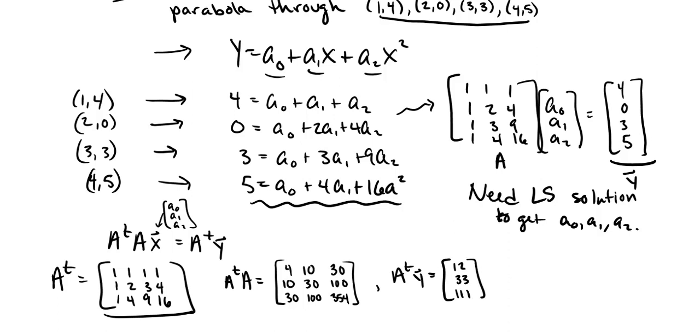And so if we want to solve this system, the normal equations here, I guess we'd pack up the augmented matrix, 4, 10, 30, augmented with the last column being a 12 there, 10, 30, 100, 33, 30, 100, 354, and 111.